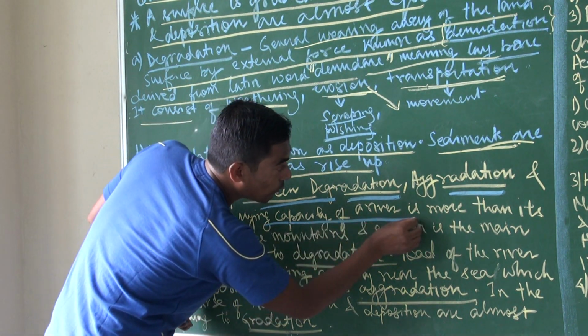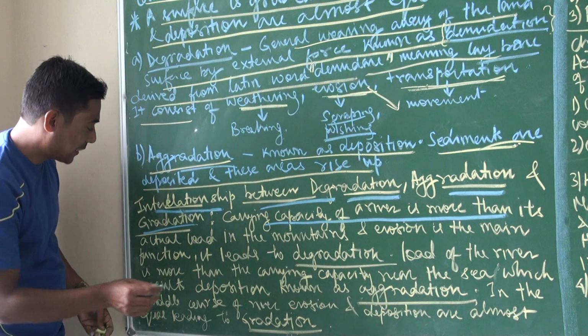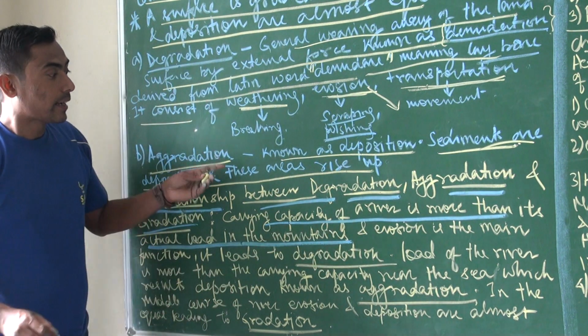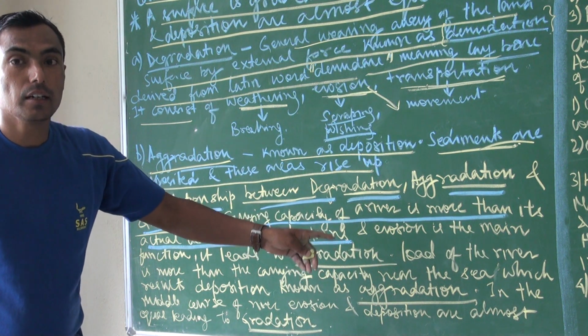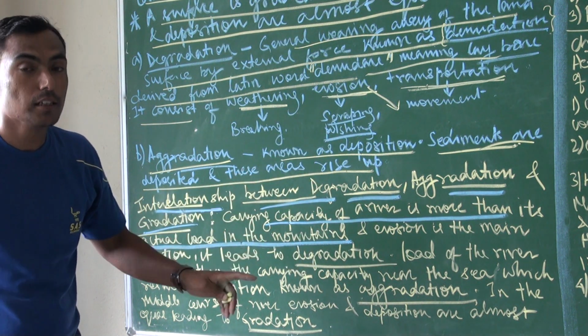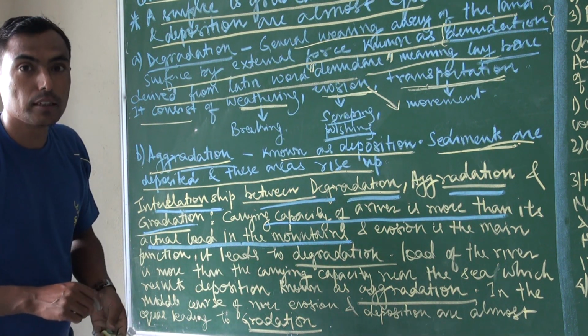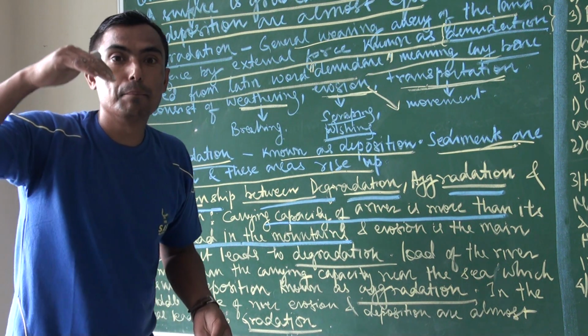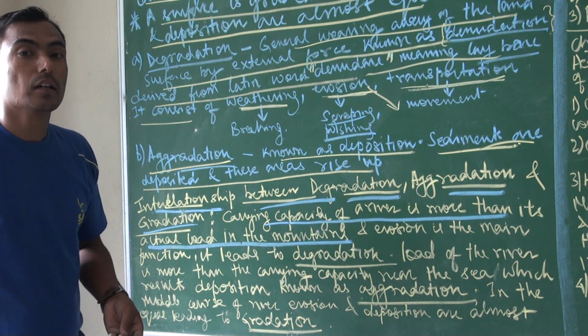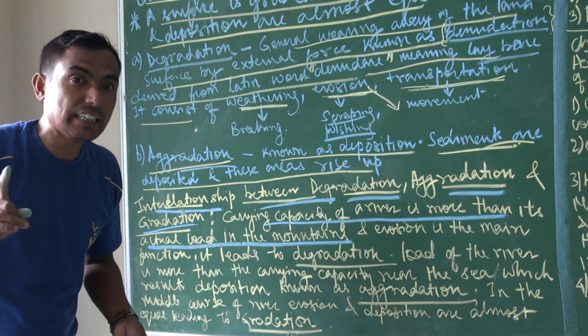Carrying capacity of a river is more than its actual load in the mountains. The reason is that in the mountains, the slopes are much steeper. As the slopes are much steeper, the velocity of the water increases.